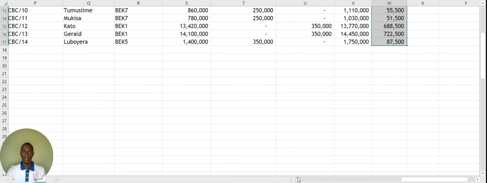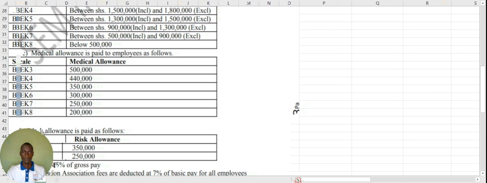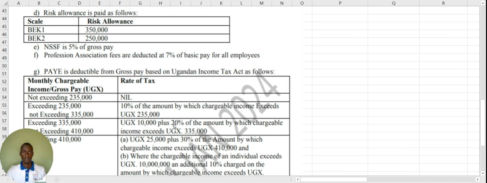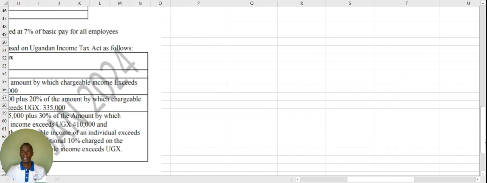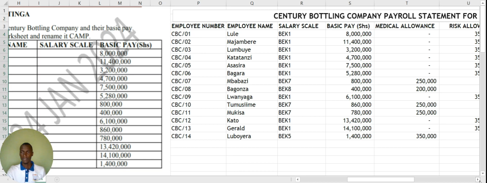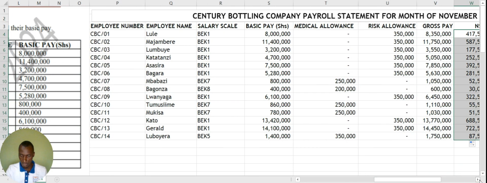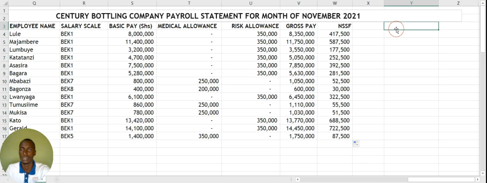What else do we have to come up with? Professional association fees are deductible. These are deductions, don't forget. We are looking at the deductions. The first deduction was NSSF. Now we have the professional fees as another deduction.